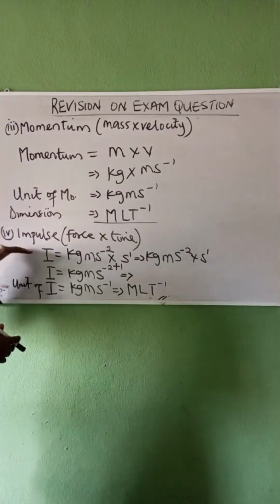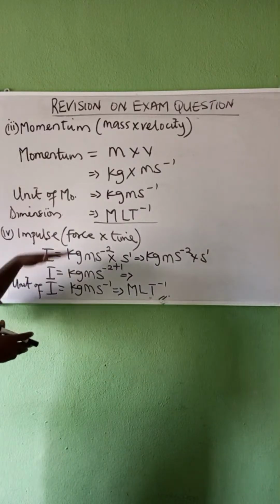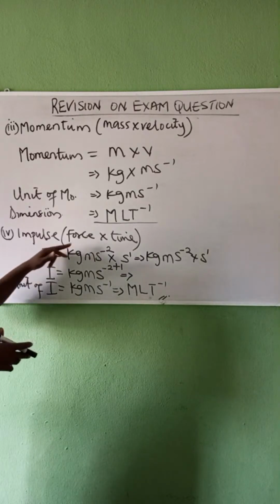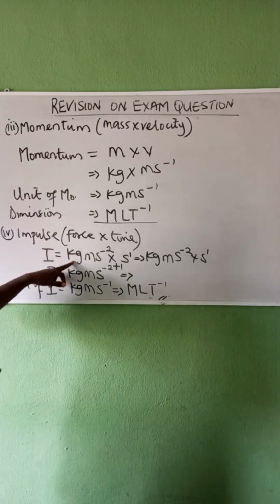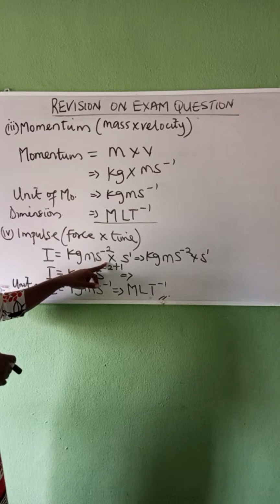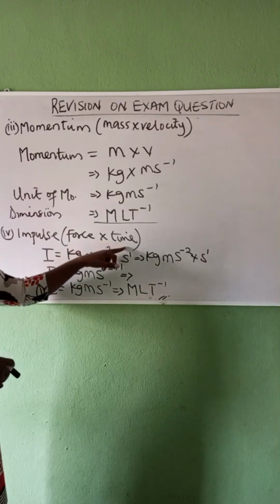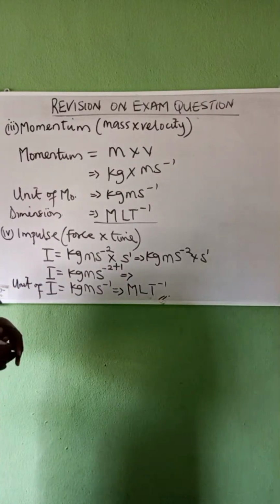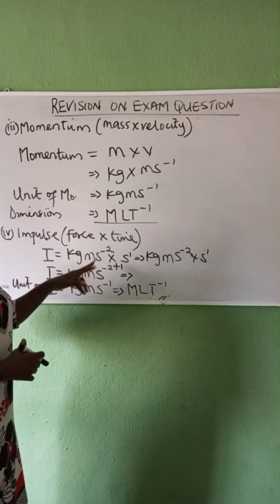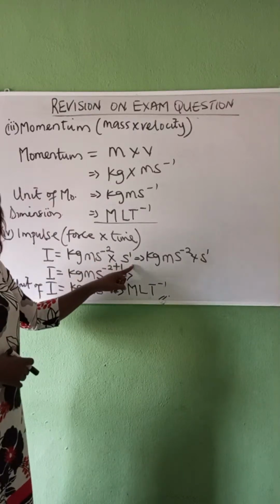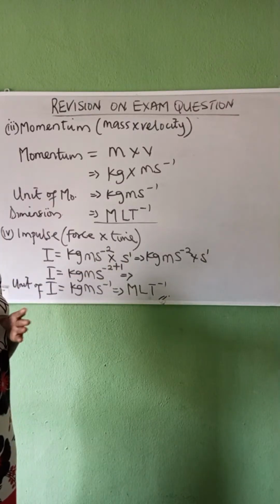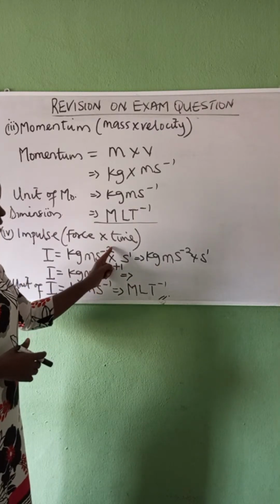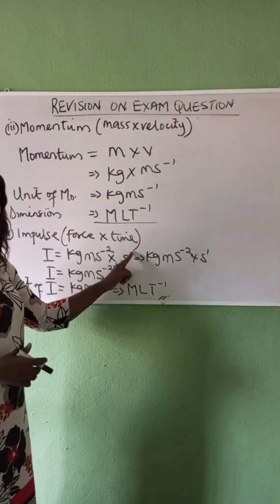All right. For the impulse, impulse is force multiplied by what? Time. Now, what's the unit of force? Kilogram meters per second square. Multiplied by time, which is second. Because we have second here and second here, what you're going to do is work on the powers. This is kilogram meter per second square, and this is second.